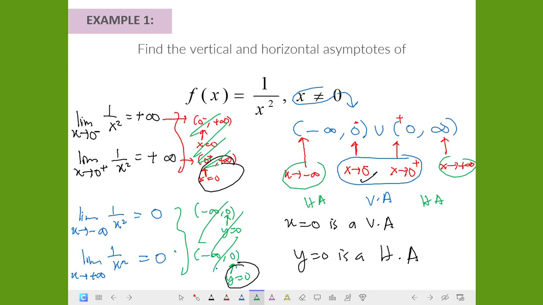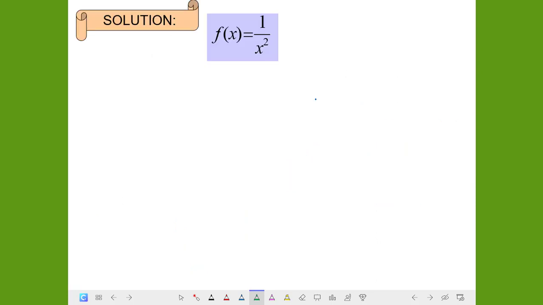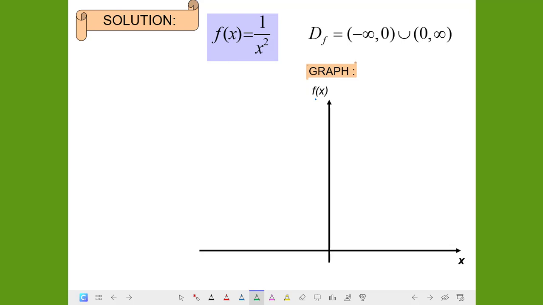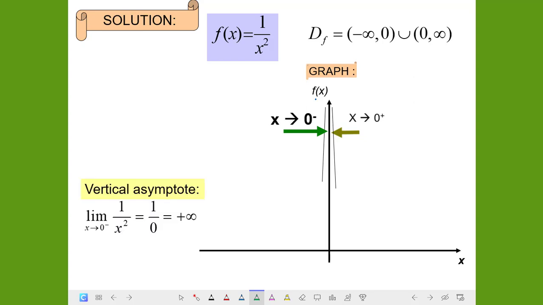And for example 1, when x approaches 0 from the left and right, the graph tends up, positive. So this limit is positive infinity, and when x approaches 0 from the right, also positive infinity.